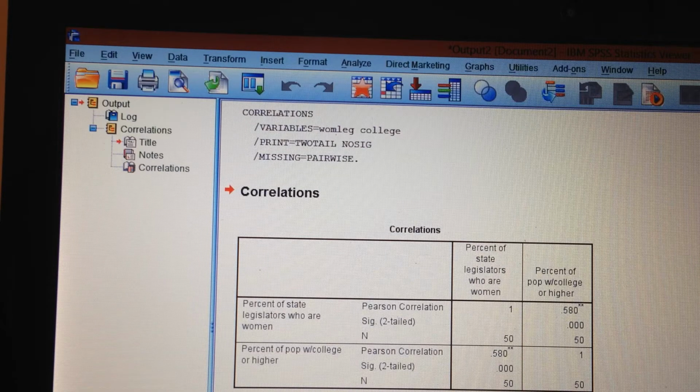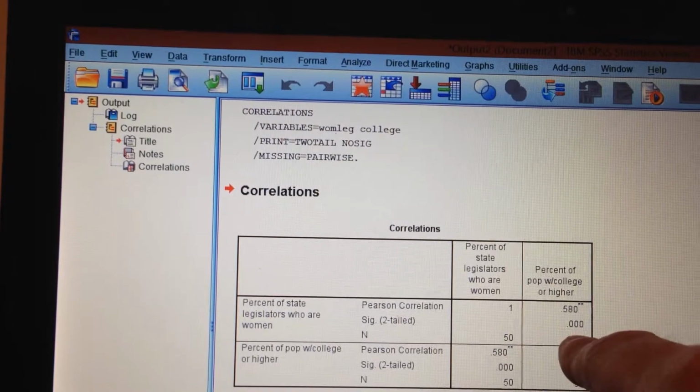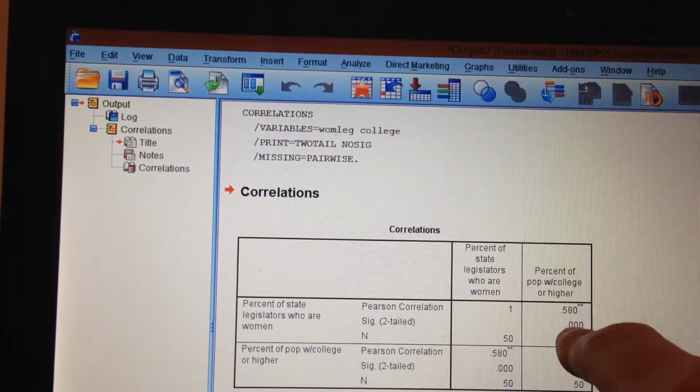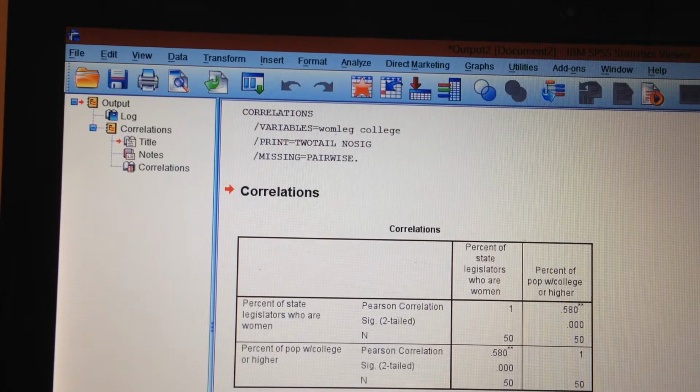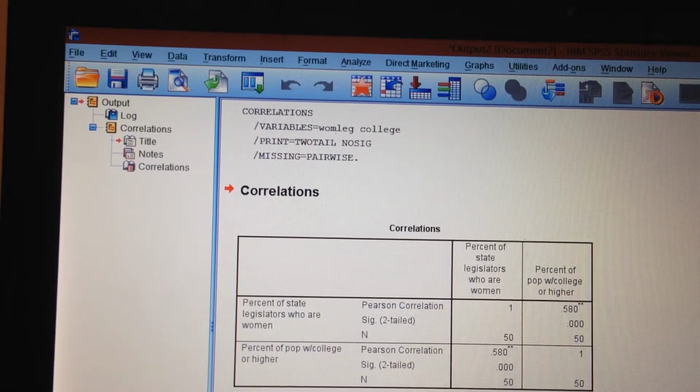All right? Remember that we said in this class, we are going to use the threshold for statistical significance of 0.2 or lower. In other words, as long as this sig two-tailed test is 0.2 or below, we're going to assume that we have a real result. Remember that you can read it in terms of percentages. So if the sig two-tailed test was 0.17, you could say, all right, there's a 17% chance that the result is bullshit.